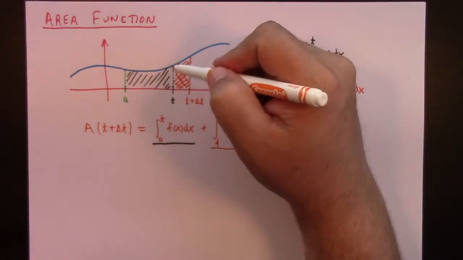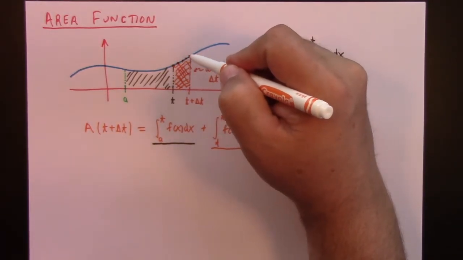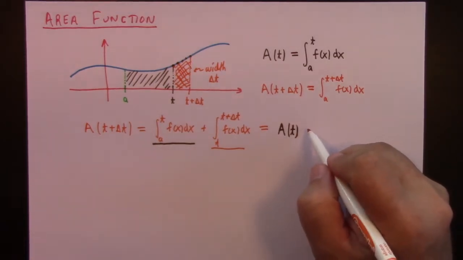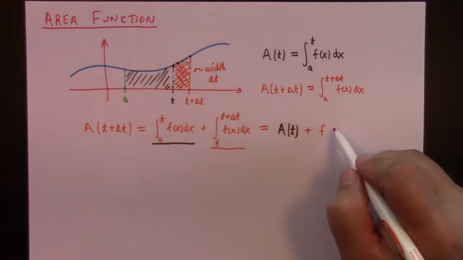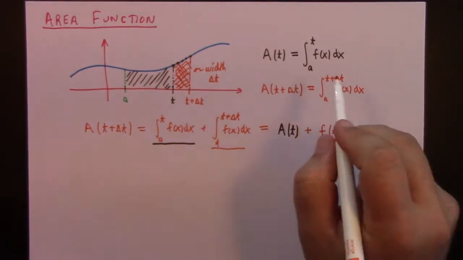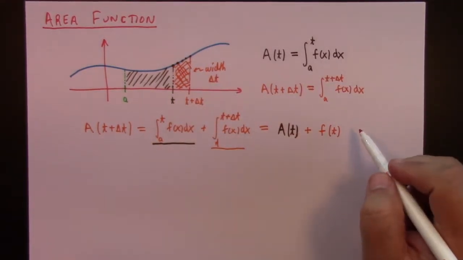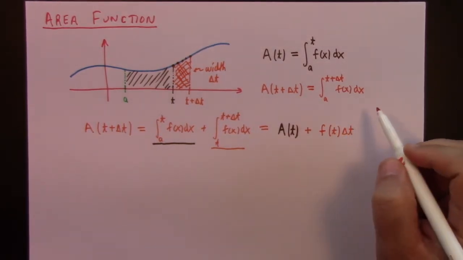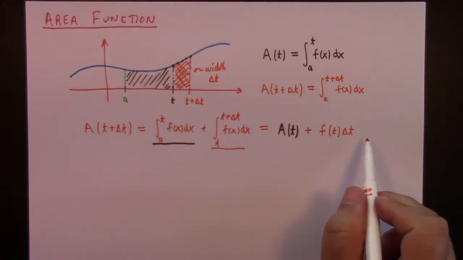Well, you could use anything here. I'm just going to say, to good approximation, that's plus f of t. I'm going to be lazy, just use f of t. You could use f of the midpoint if you wanted, and that would be more true. Fine, you got me. I'm going to be lazy.